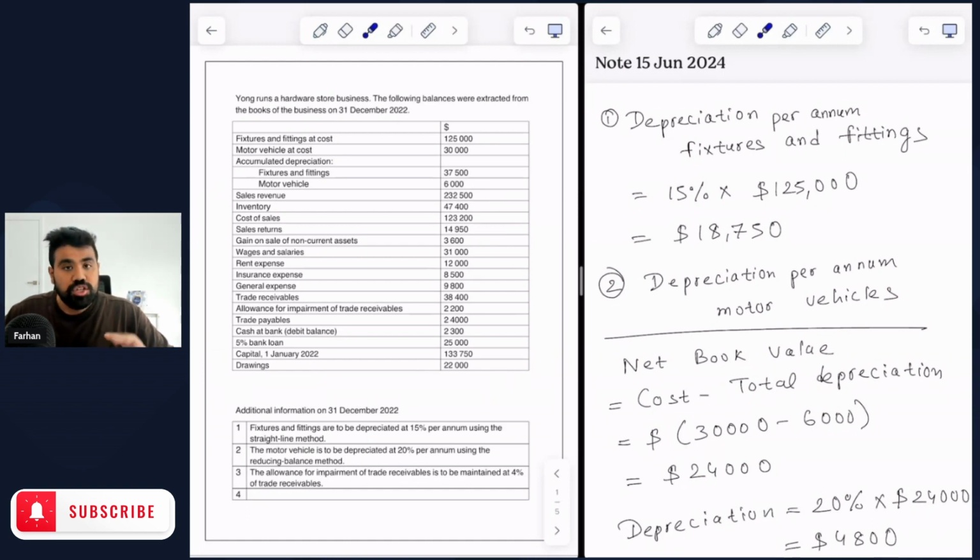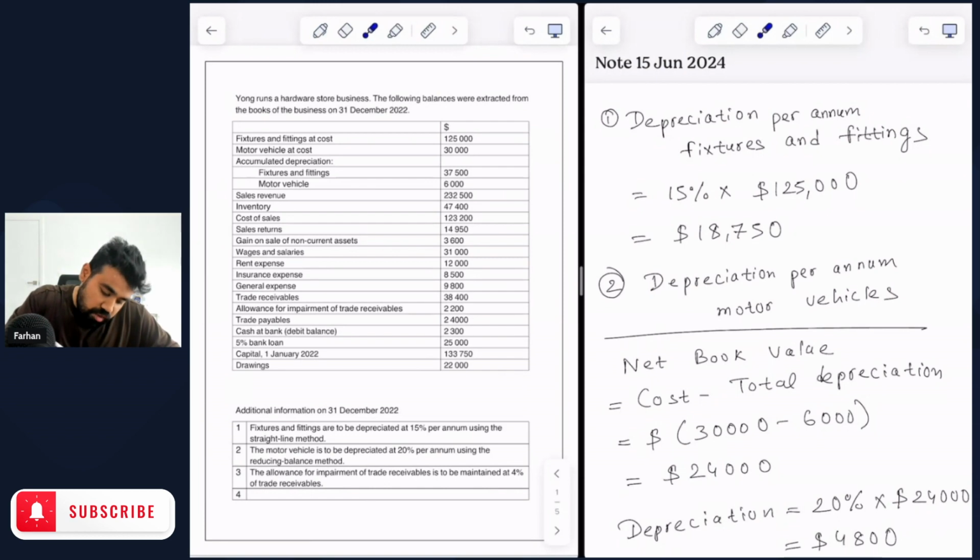So if you get a question where you're given a trial balance instead, and you're supposed to use the trial balance as your basis for preparing the financial statements, then for the sales revenue, look for that number on the credit side, and for the sales returns, look for that number on the debit side.